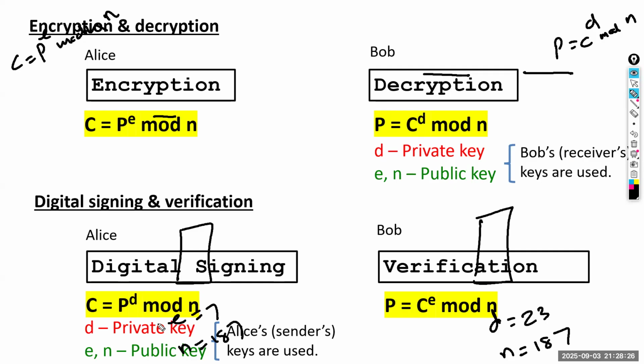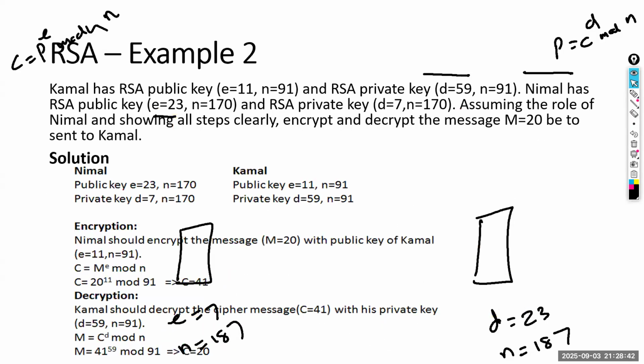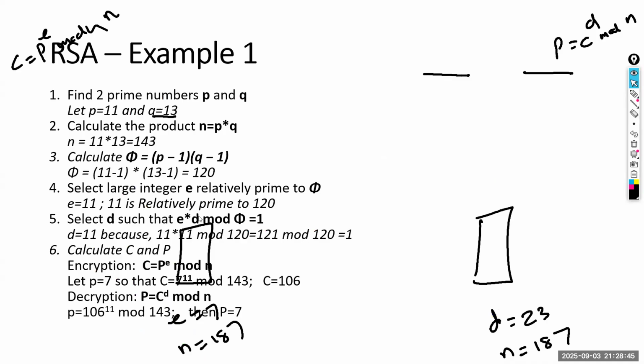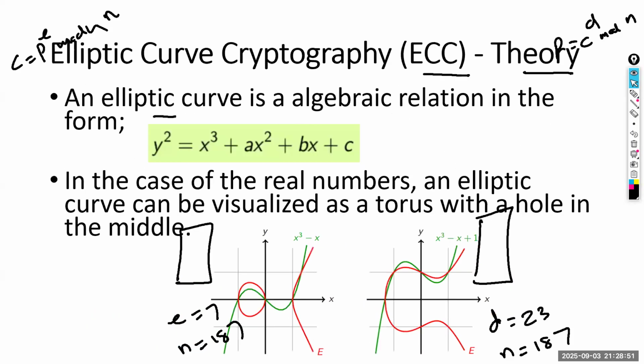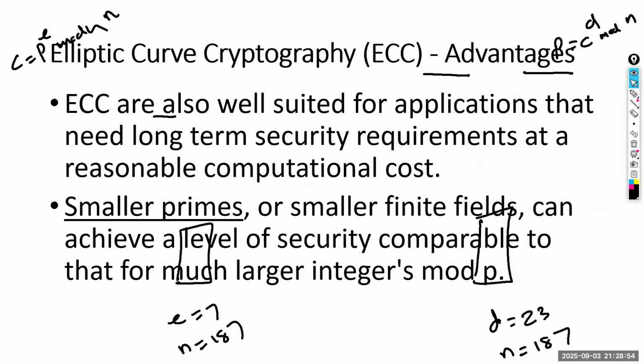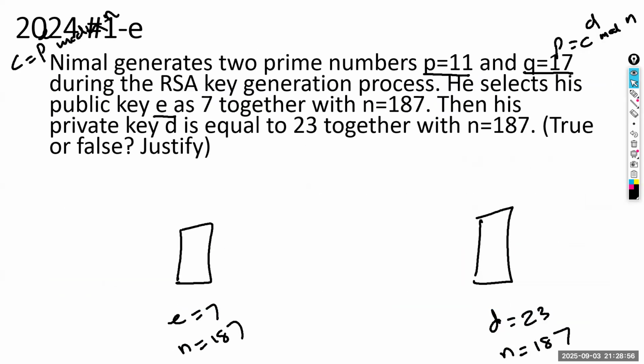Now what we have been given: E given, N given, D given, and again N given. So almost everything is given, right? But additionally, remember we have another thing, that is phi, which is (P minus 1) into (Q minus 1). They have given you P and Q also.